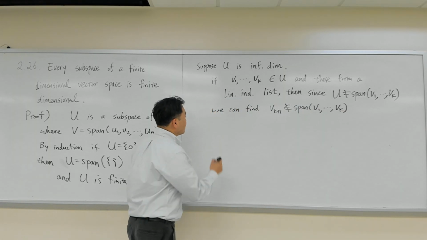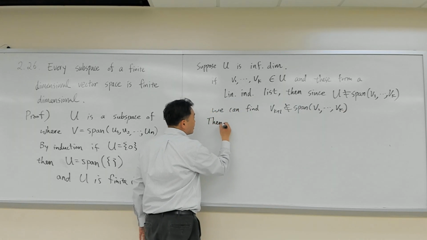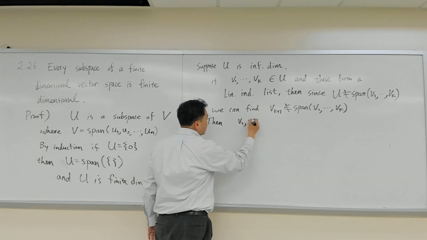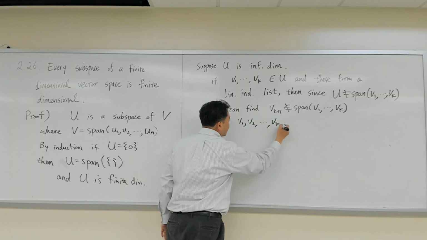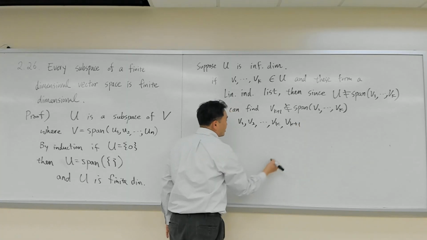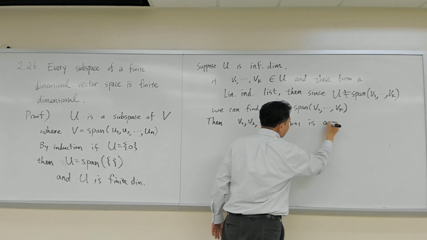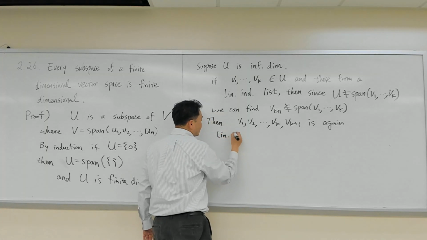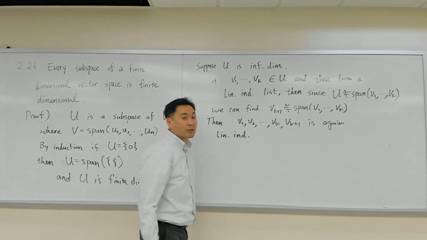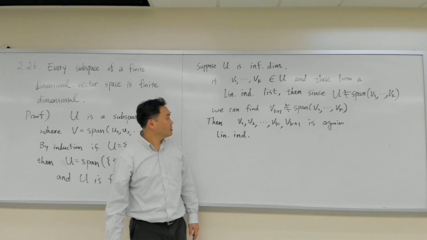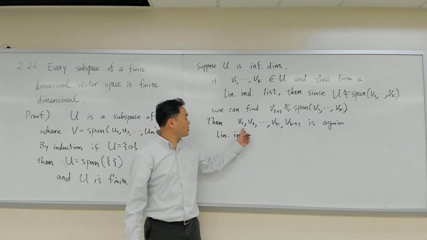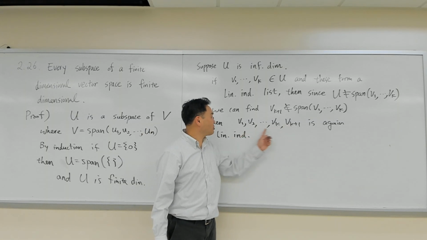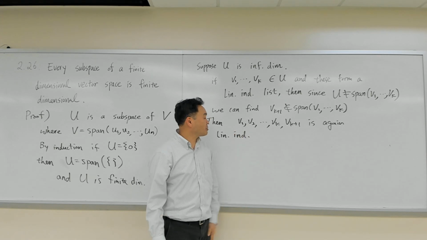Okay. Then v1, v2, through vk, and then vk plus 1 is again linearly independent, right? We know that these are linearly independent and this is not in the span of this. So it's linearly independent.